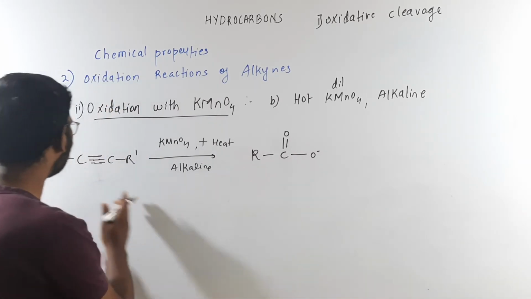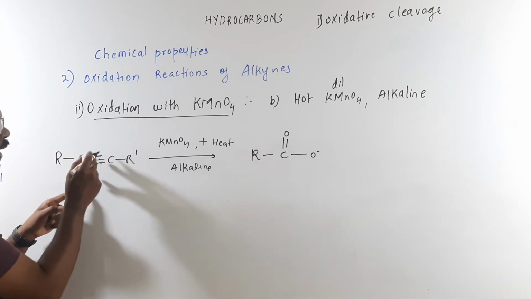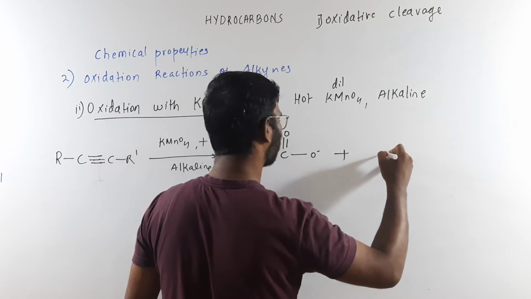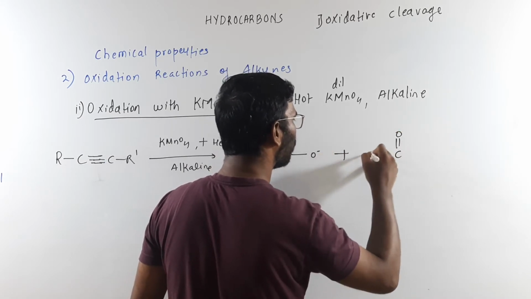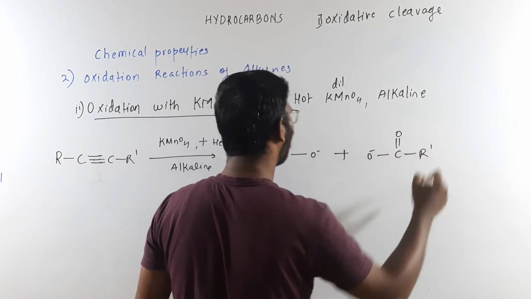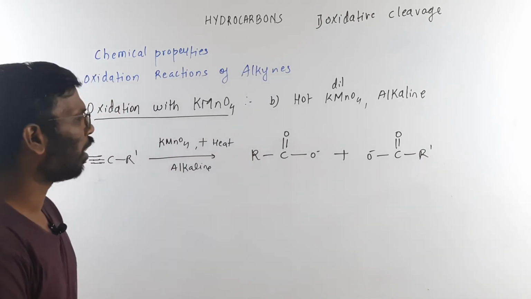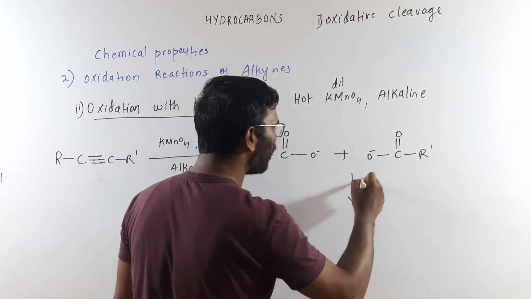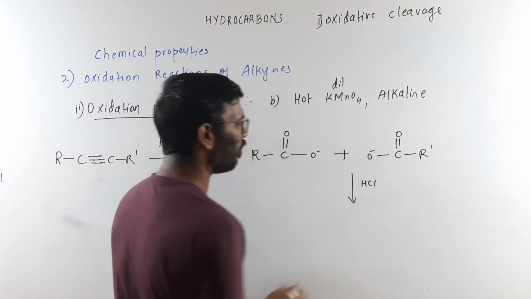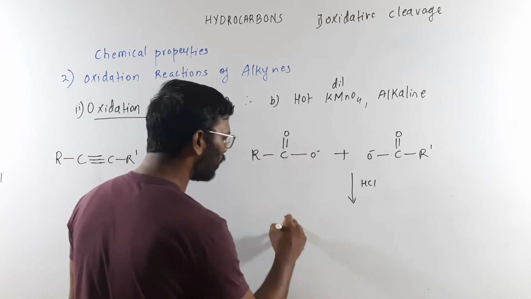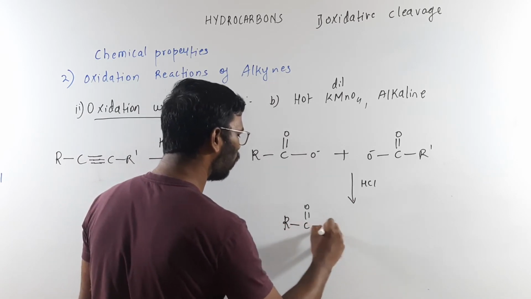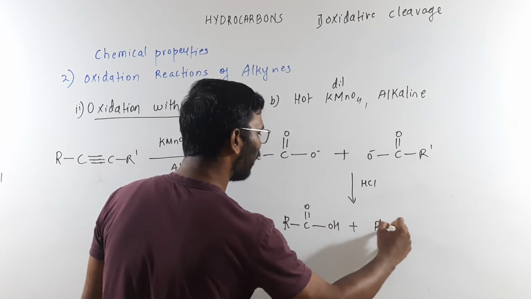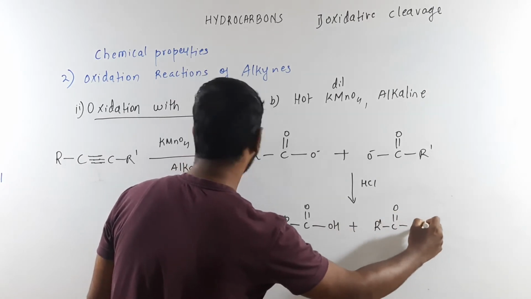This is R-C(=O)-O minus, and on the other side you get C(=O)-O minus and R dash. R and R dash may be the same or not. Further, in the presence of a very little amount of acid, this will change to R-C(=O)-OH plus R dash-C(=O)-OH.